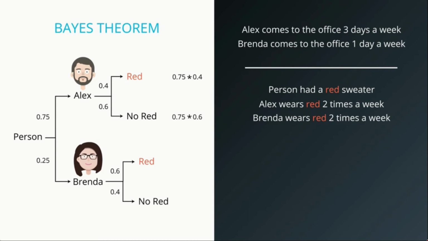The probability that the person we saw is Alex and that he's not wearing red is 0.75 times 0.6. The probability that the person we saw is Brenda and that she's wearing red is again the product of these probabilities, which is 0.25 times 0.6. And finally, the probability that the person we saw is Brenda and that she's not wearing red is 0.25 times 0.4. And now here's where the Bayesian magic happens.